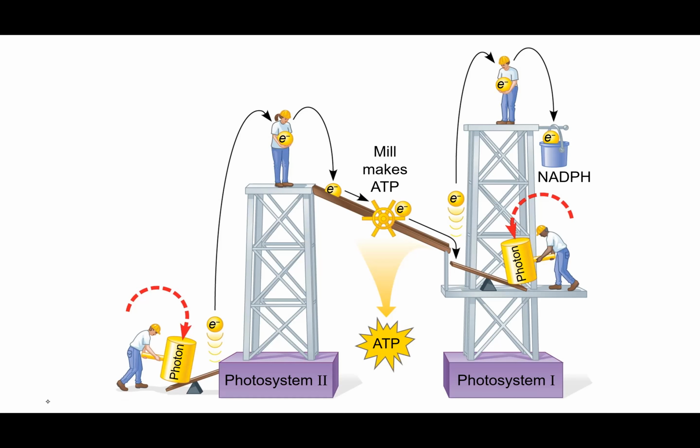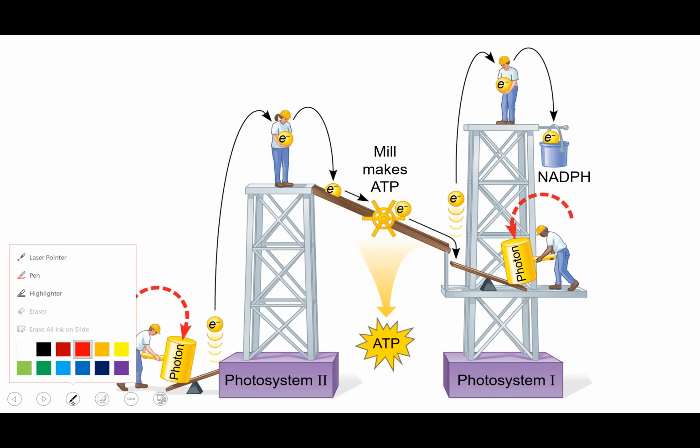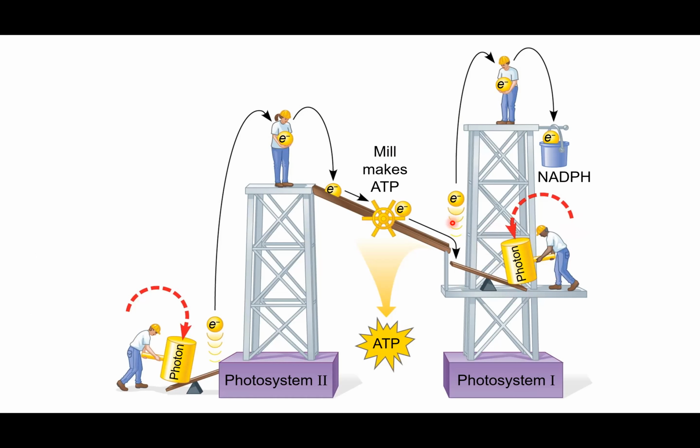I'm pointing to this and you can't see that. Another photon of light is coming in to boost another electron up again. And that electron is going to be used to do what? Where is it going? We made ATP from photosystem 2, and then photosystem 1, what are we going to make?